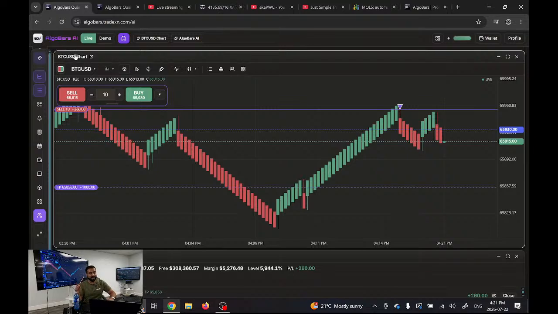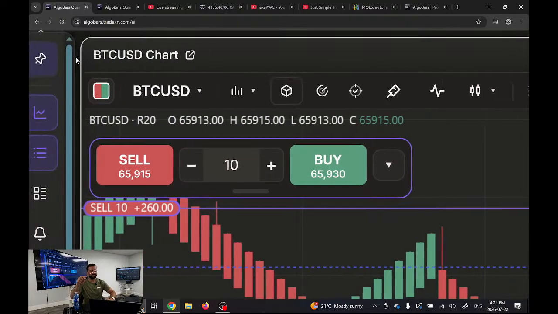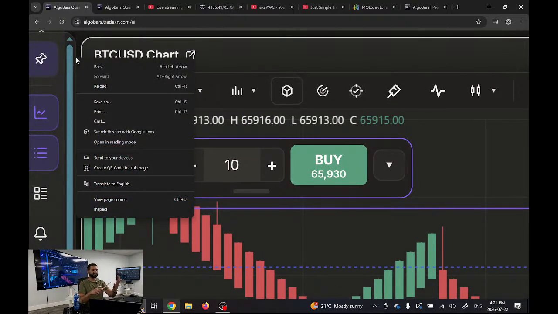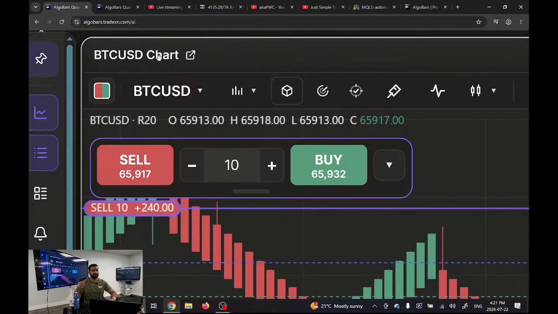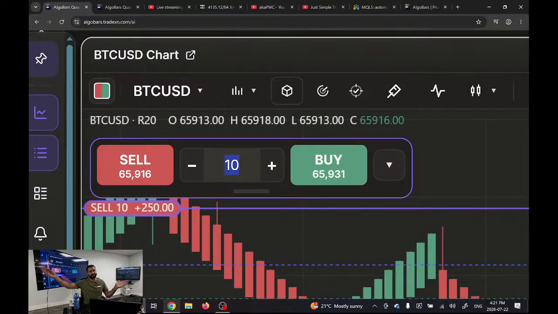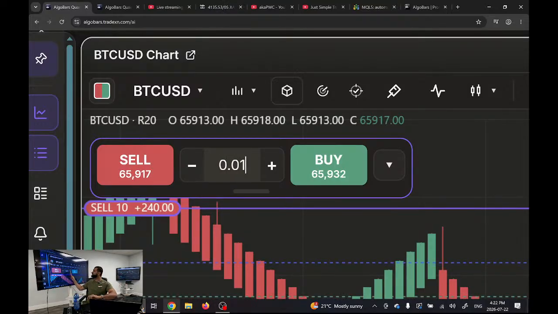But here's what I always tell everyone. I have people that start their account with 10K, 50K, 100K. I had one guy with 250K. It doesn't matter what you start with, and the account should be as big as possible. But we should always start off with a lot size of 0.01.